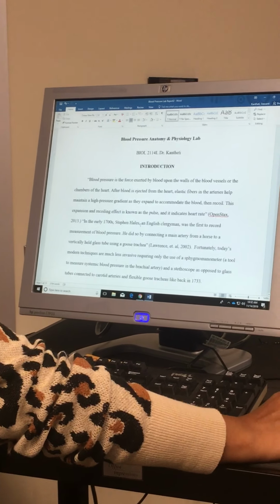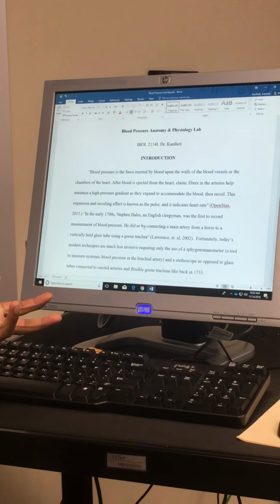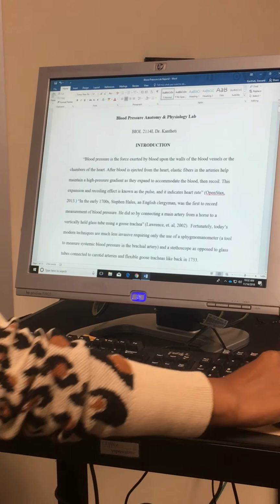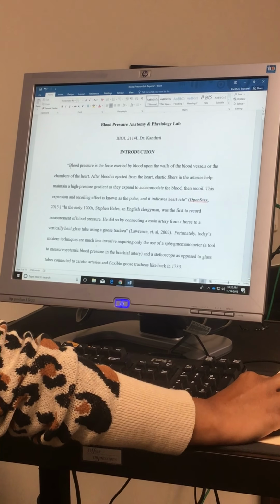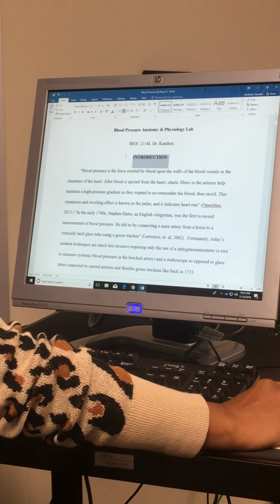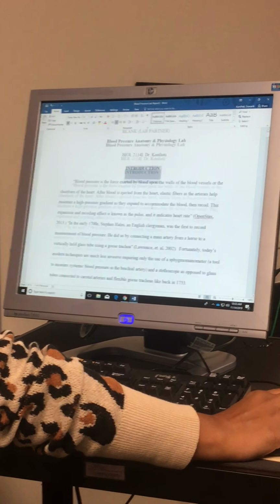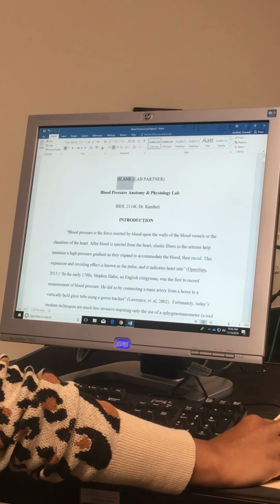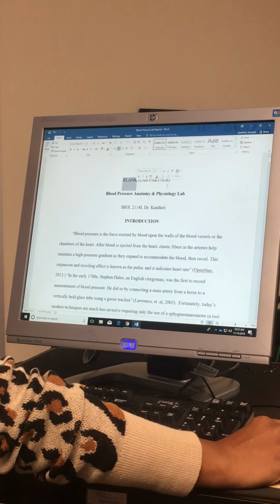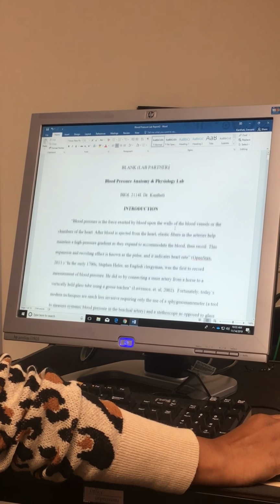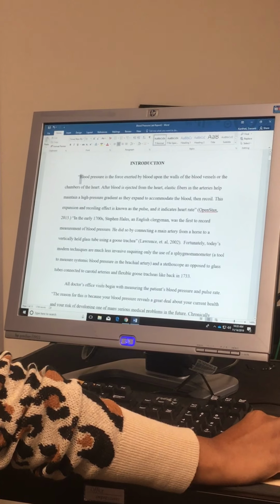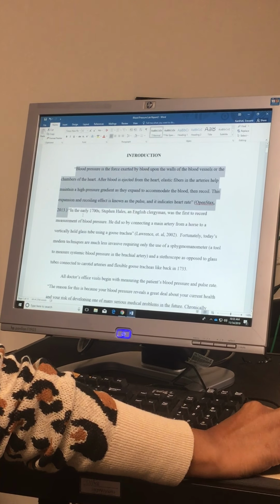From anatomy too, and you kind of write it like a paper that you would. So this is the background information, but you see how everything has a title to it. So the title, and I took the person's name off, their lab partners in parentheses, and then because it was a quote, what does she do?